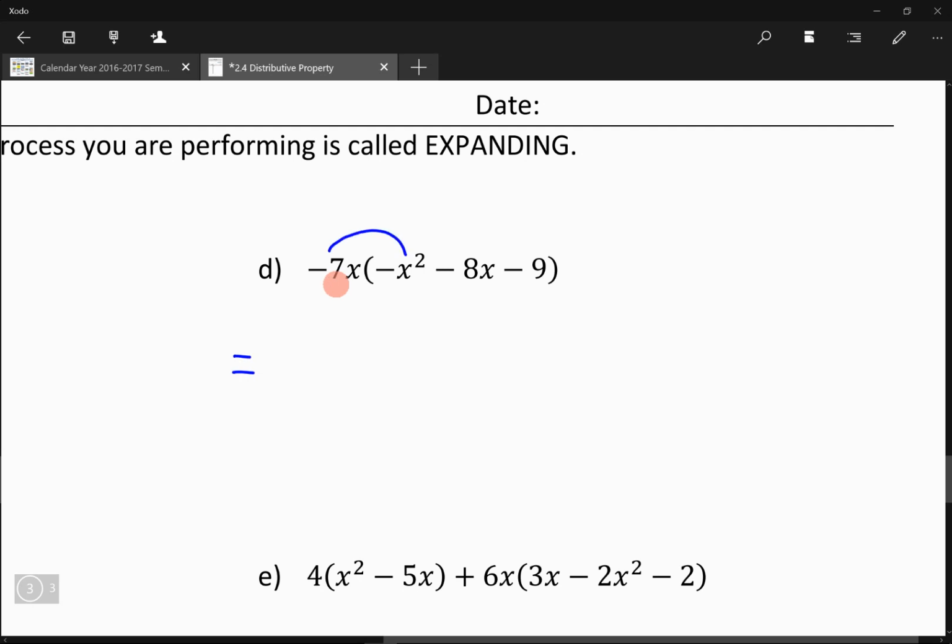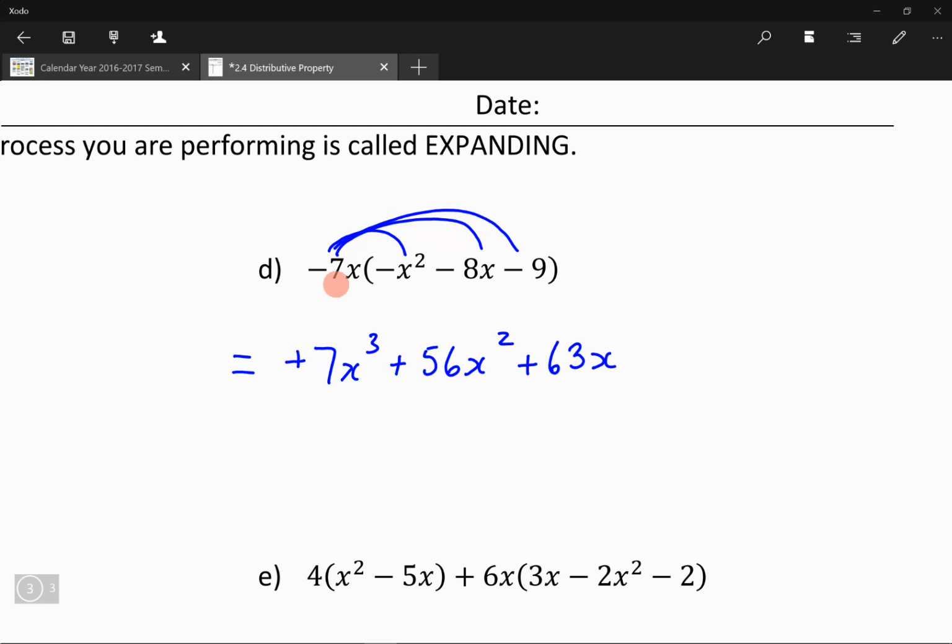So negative 7x times negative x squared is going to produce positive 7x cubed. So negative 7x times negative 8x is going to produce plus 56x squared. And then negative 7x times negative 9 is 63. So positive 63 because it's a double negative. Okay, and the terms are in order by the highest degree.